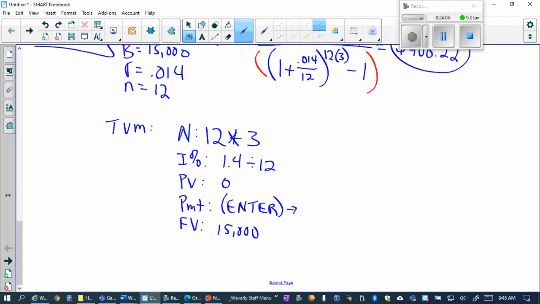So you'll put all that in there and hit enter, and hopefully you'll get negative 408.22. Again, it should be negative because it's going away from you. You guys able to get that?